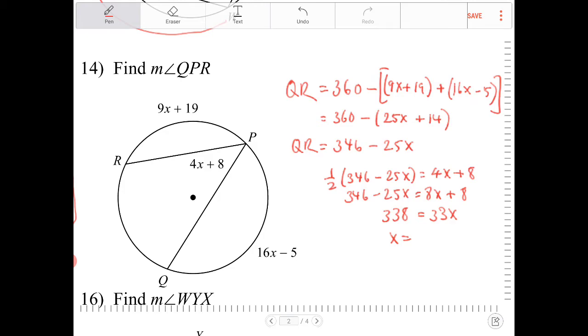Minus 25x, and set that equivalent to double 4x plus 8. Oh, see? It never hurts to double check. So that 8 should really be a 16. I did not double it. And if I subtract both sides by 16, I'll end up with 330. Divide by 33, I get 10. So x is equal to 10. And then angle QPR is equal to 48.